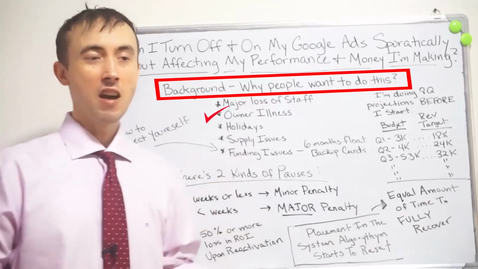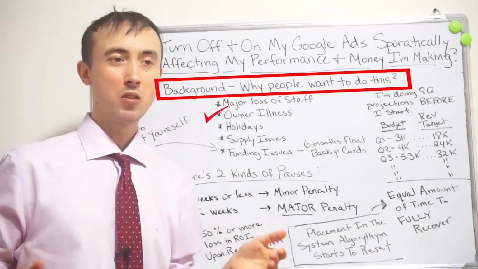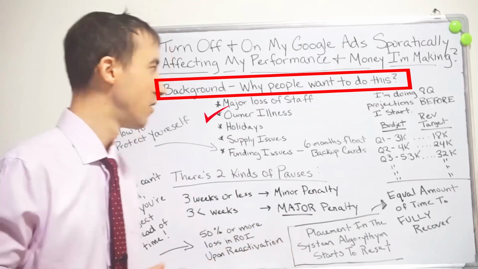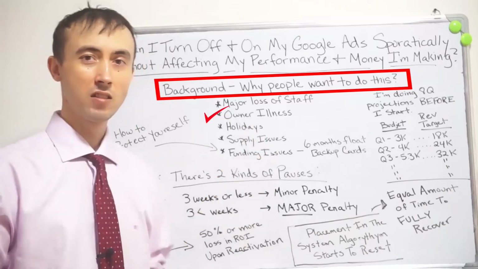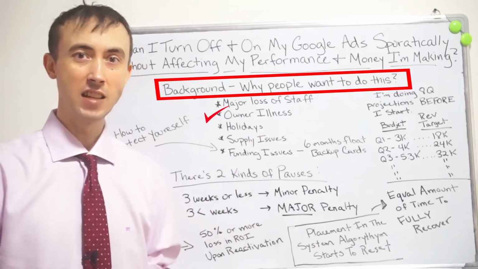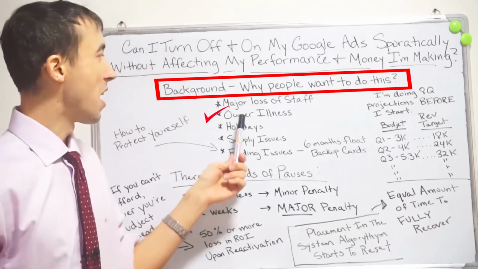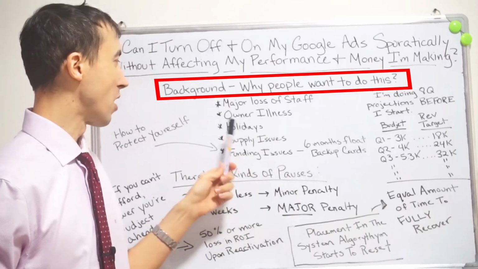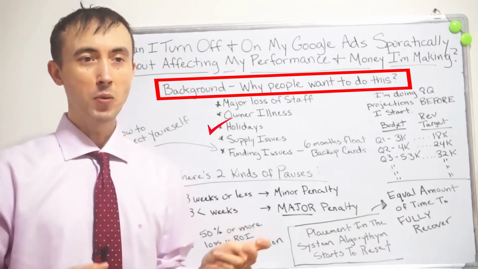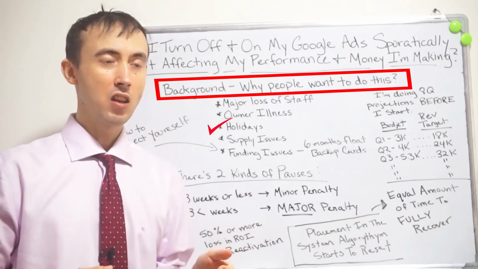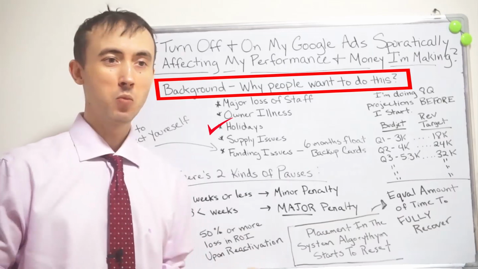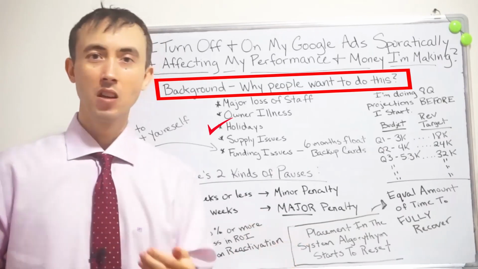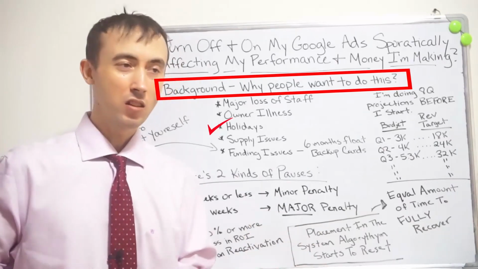Owner illness: obviously some businesses aren't automated, so if the owner gets pneumonia, is hospitalized, or is hit by a truck, that would be a legitimate reason to have your ads shut off. Holidays: a lot of people think that over Thanksgiving we're shut down, so we won't be doing anything. Run the ads anyway.